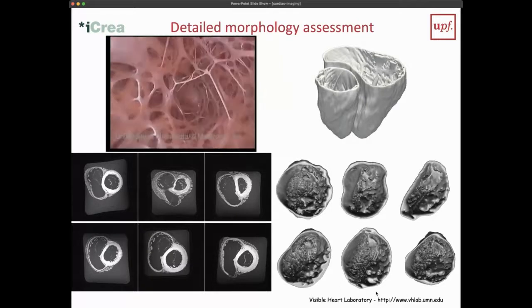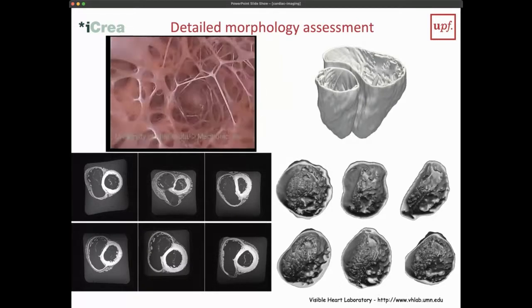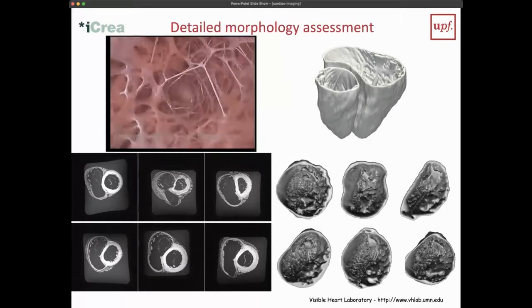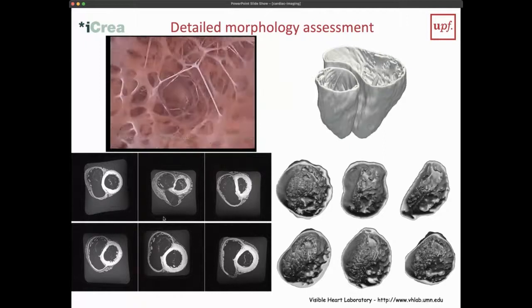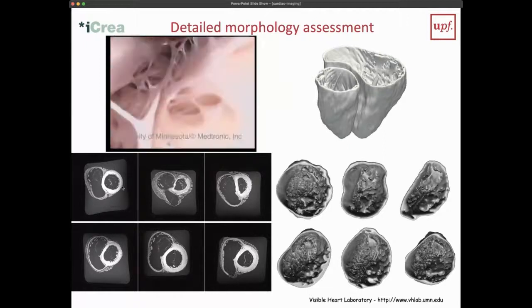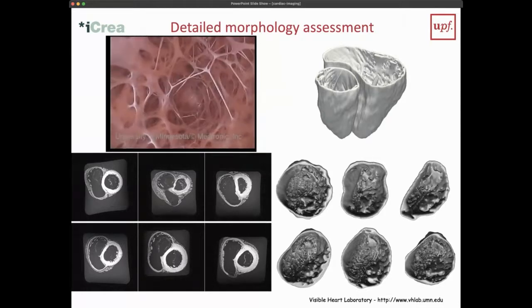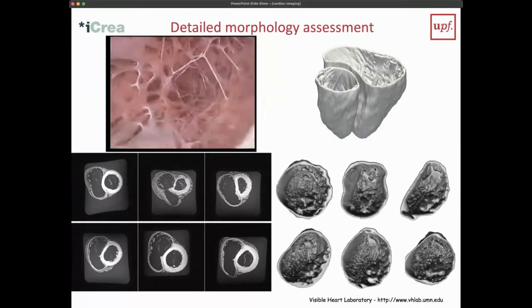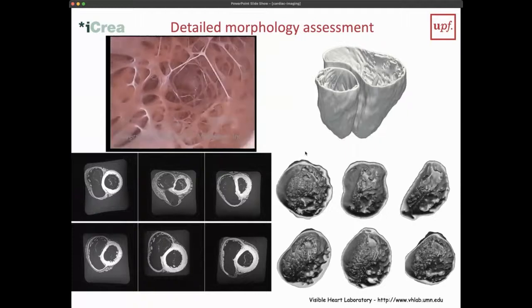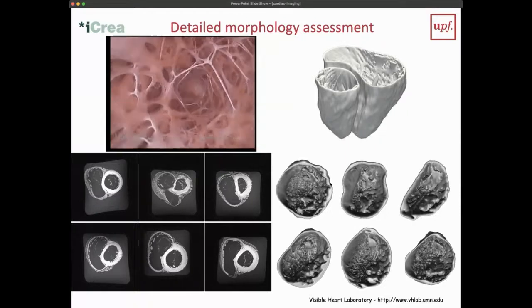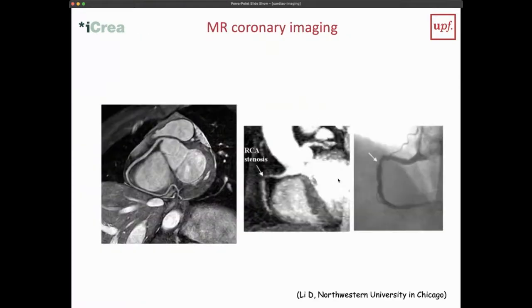They have been collecting hearts from patients that died or hearts that have been explanted. They put them in a block of gelatin and then put them in the MRI for a very long time. Then you can really analyze the morphological structures and how this can change with disease, of course.